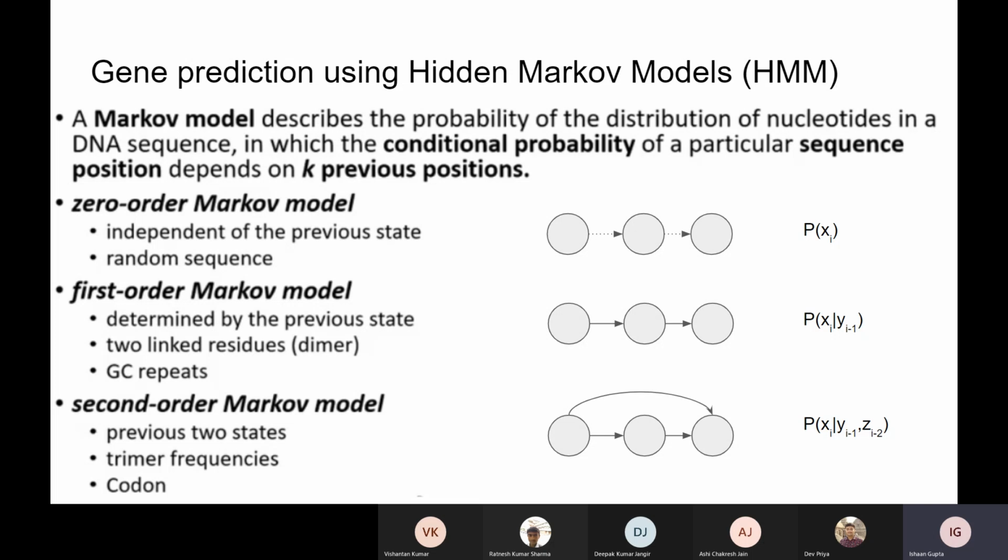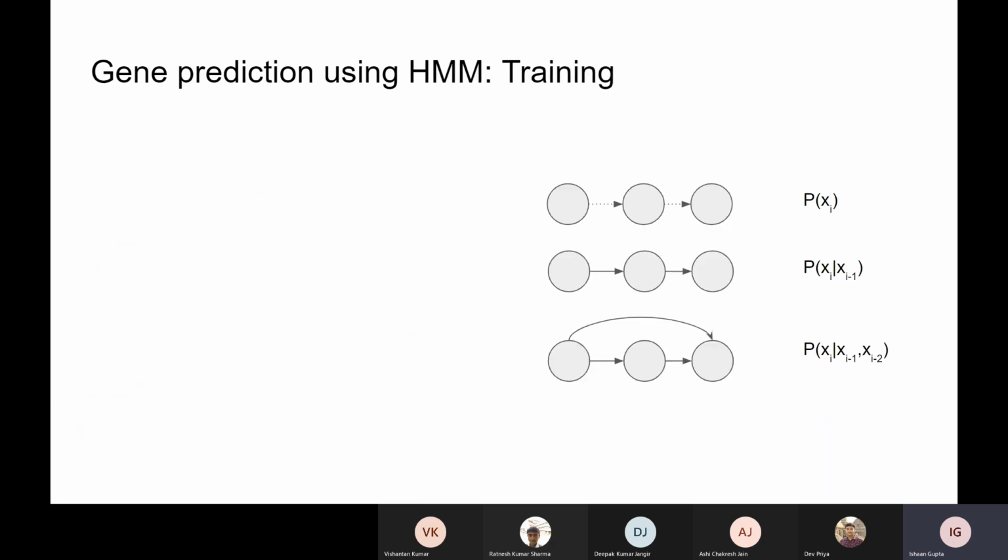And similarly, you have the second order Markov model, which is xi given yi minus 1 and zi minus 2, showing you the conditional probability of finding xi given the previous two locations have certain nucleic acids.